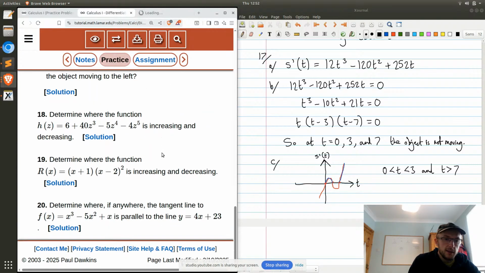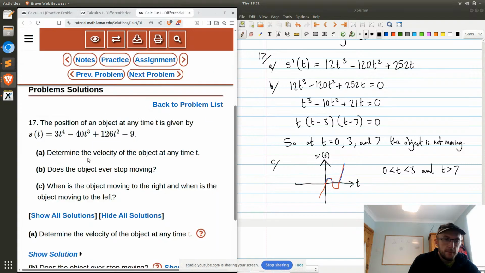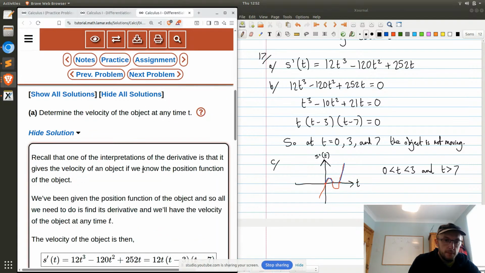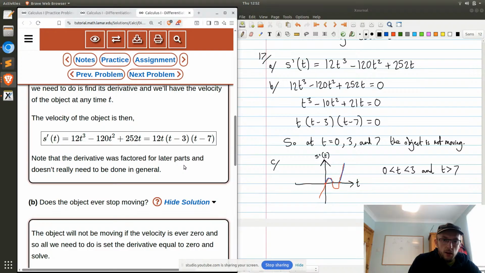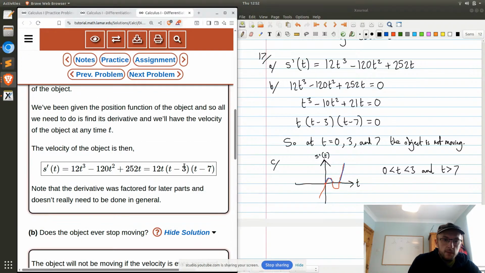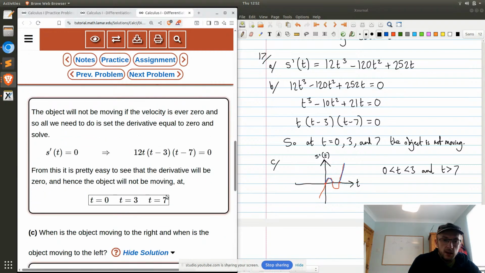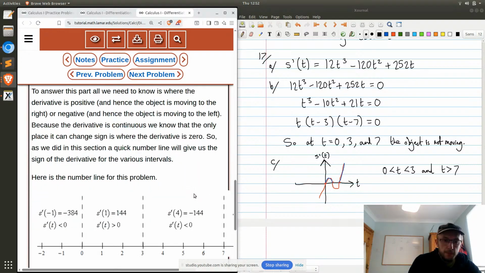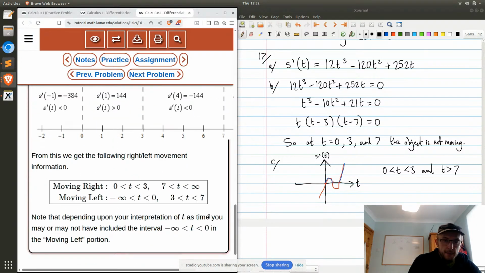And I think that's the answer. Okay. Right, so they just factored it for some reason, for later, I guess. And then that's correct. And there it's moving to the right. Yes, that's true. Okay, good.